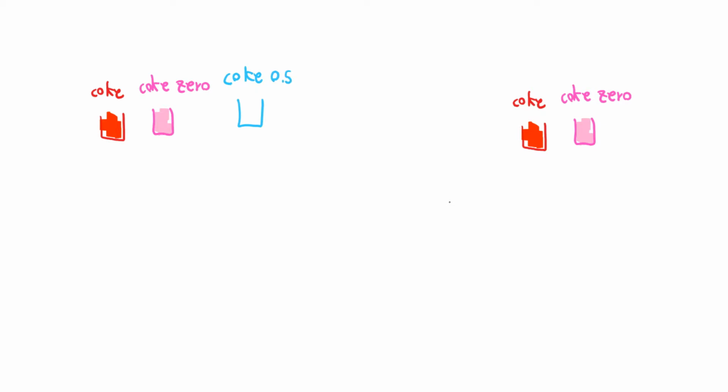So what happens is I'm just going to put half a Coke and half a Coke Zero all together in a can, and I call that Coke 0.5. Then this guy is just a linear combination of the two.